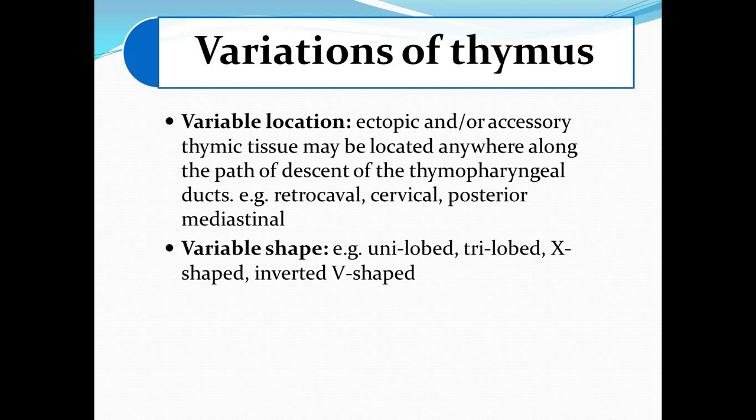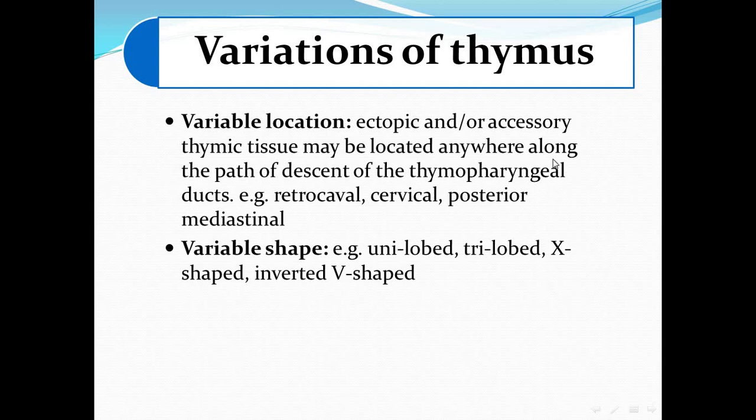We should be aware of this, because sometimes I saw one case where it had migrated into the neck. So the kid was presenting with a neck mass. Then when they did MR imaging, they found that it is just a normal thymus. So these are some variable locations of the thymus.